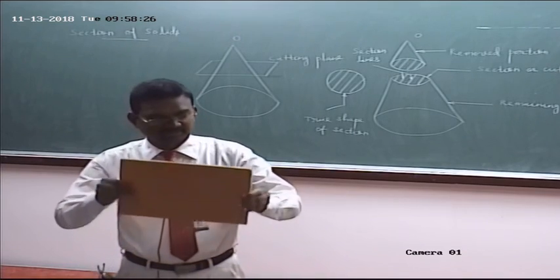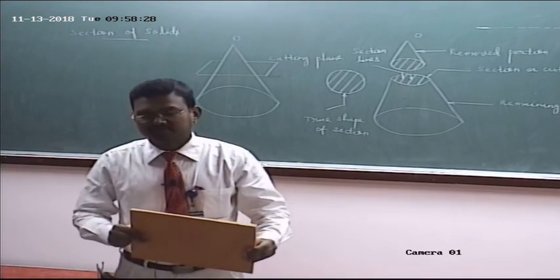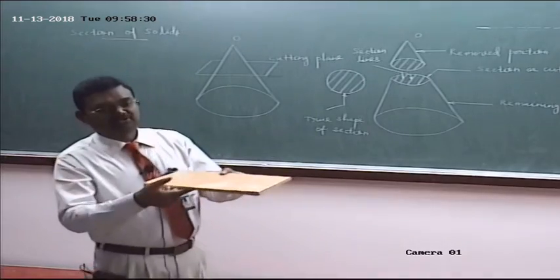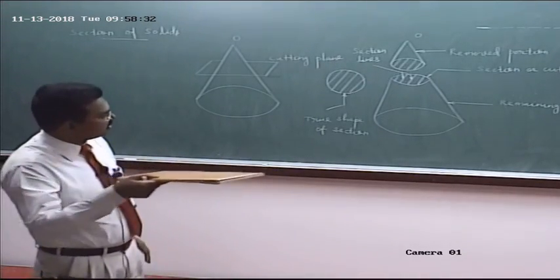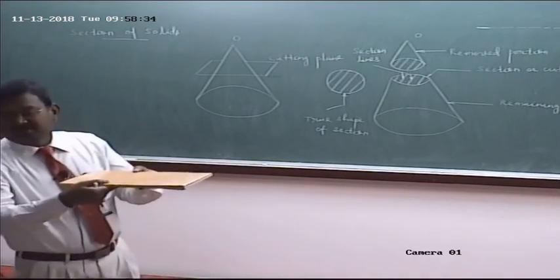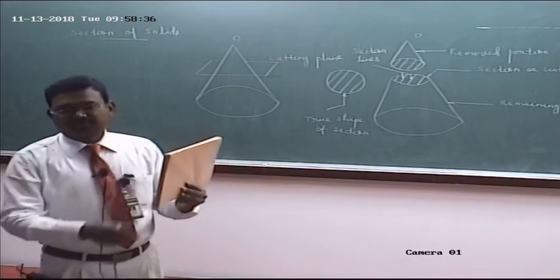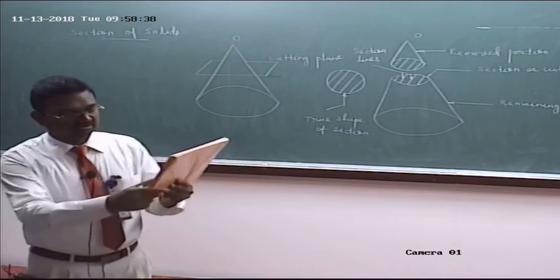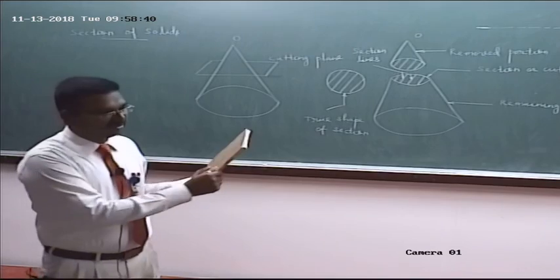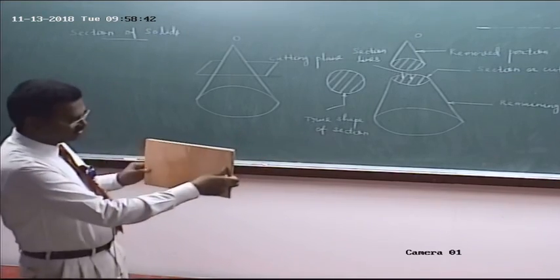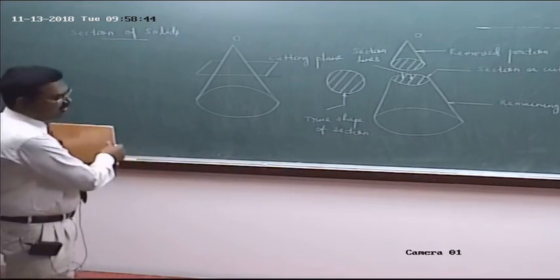Position number 2: perpendicular to VP, parallel to HP. Then perpendicular to both HP and VP. Perpendicular to VP, inclined to HP. Perpendicular to HP, inclined to VP.